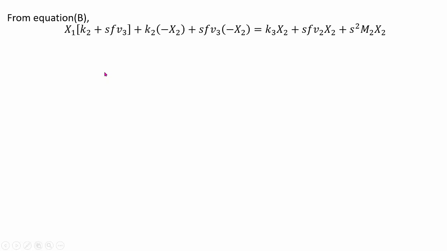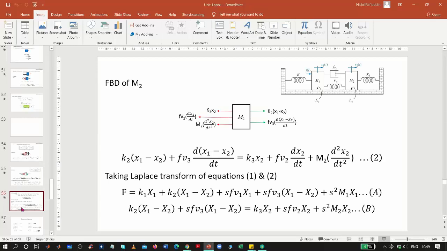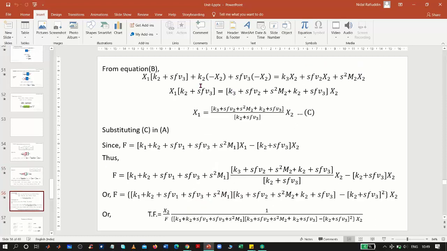So from equation B, you can obtain the relation in terms of x1. Taking all the terms associated with x1 on the leftmost side, we get this relation.